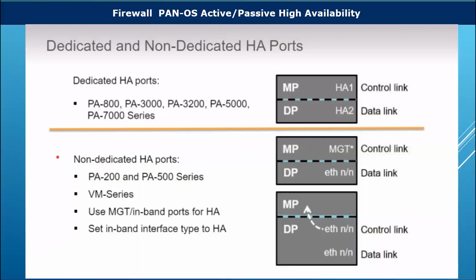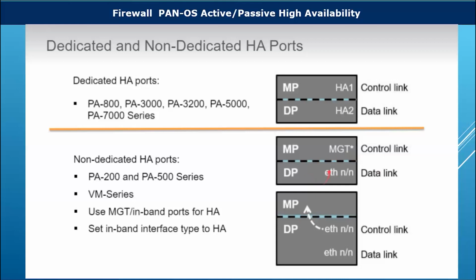Now guys, if we are talking about non-dedicated interfaces, in that case you can use your management interface for the control link or one Ethernet data interface for the data link.